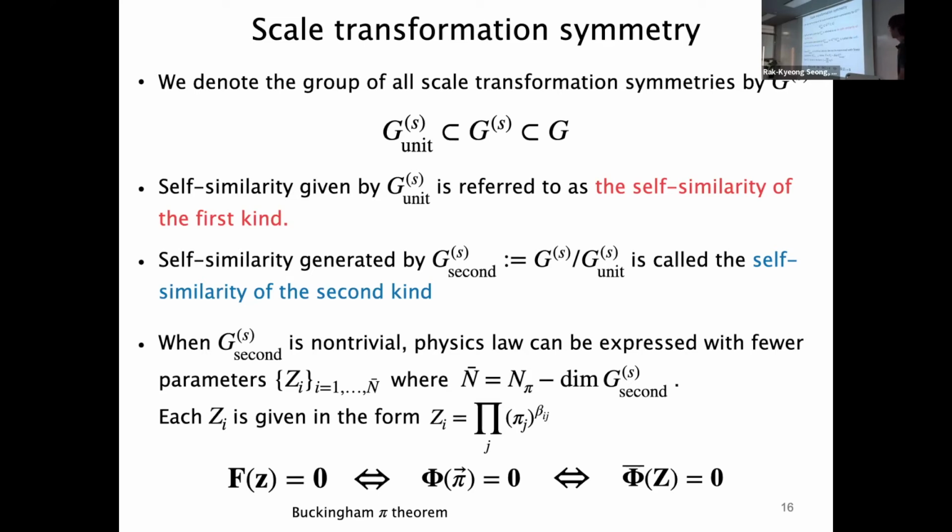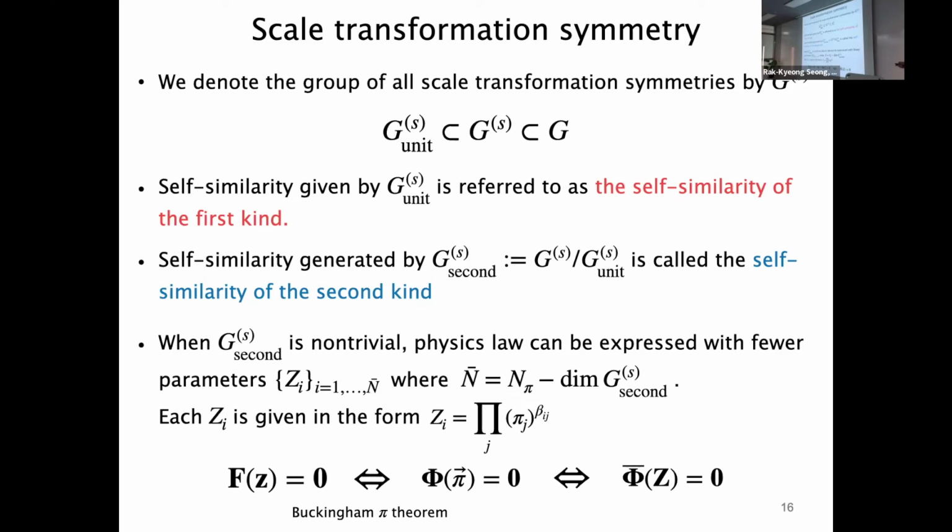And in the presence of a non-trivial G sub second group, we can further reduce the parameters to fewer numbers.